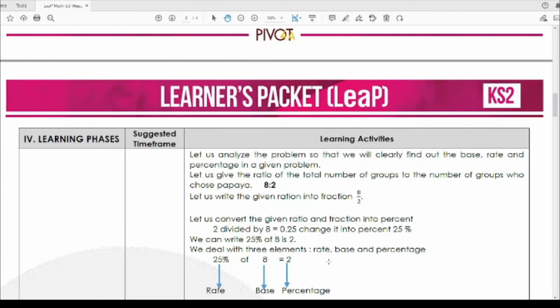Let us analyze the problem so that we will clearly find out the base, rate, and percentage in a given problem. Let us give the ratio of the total number of groups to the number of groups who chose papaya. 8 is to 2. Let us write the given ratio as a fraction, 8 over 2.